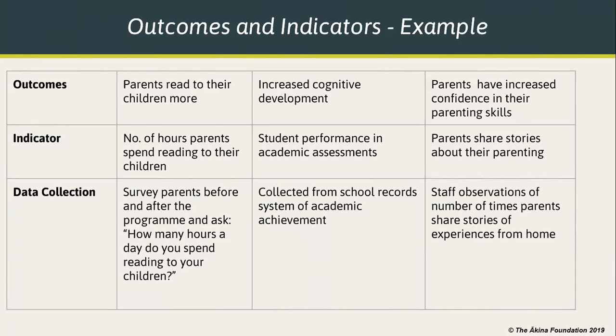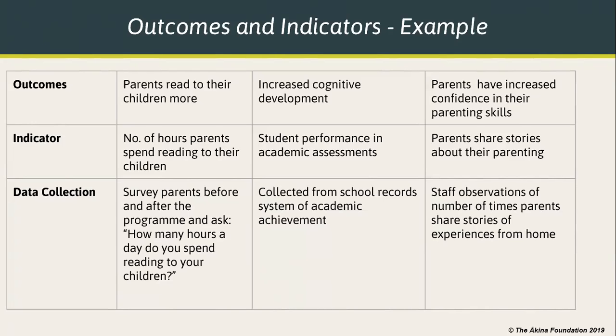And finally, the third outcome there, parents have increased confidence in their parenting skills. So that's an early stage outcome. The indicator for that could be that parents are sharing more stories about their parenting. We assume in that if they're sharing stories, they're feeling more confident. People are generally shy to share their experiences if they're less confident in the way that they're behaving.